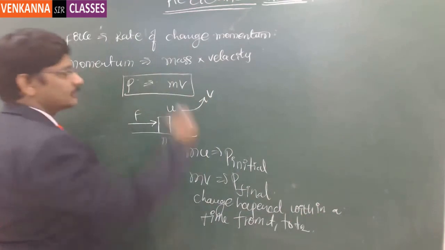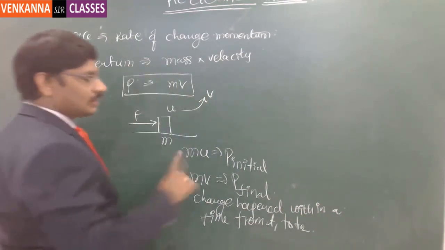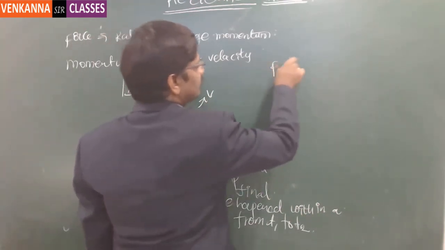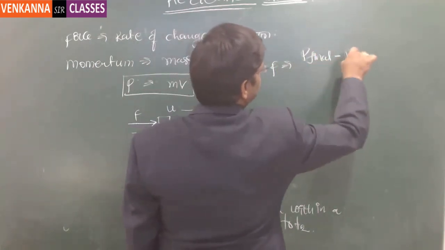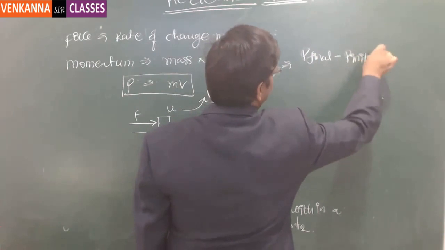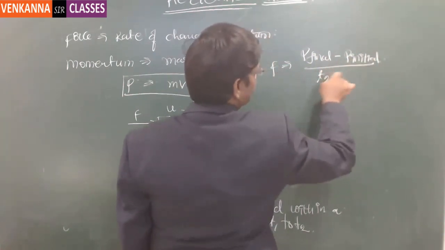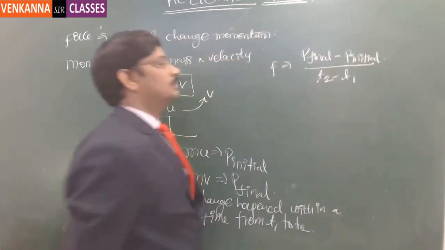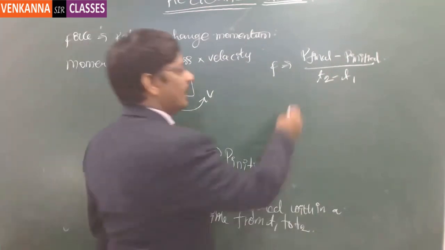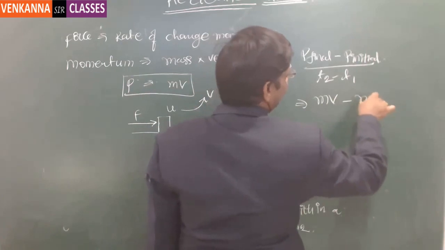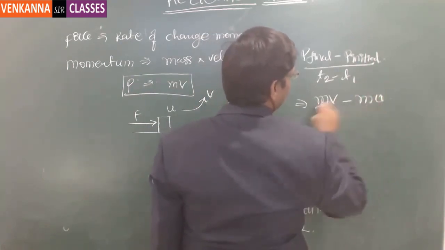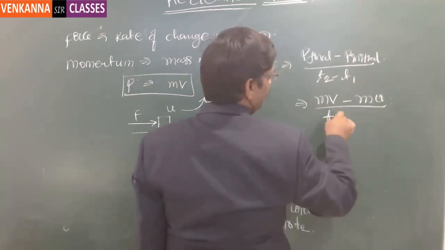Then obviously the force is the rate of change of momentum. So F is equal to P final minus P initial, divided by T2 minus T1. If you replace these values, this is mass times final velocity minus mass times initial velocity, divided by T2 minus T1.